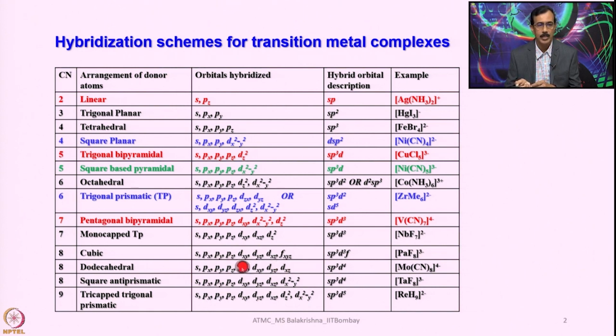And then for square antiprismatic geometry, again sp3d4, and here except for dz square all d orbitals are employed in this hybridization scheme.